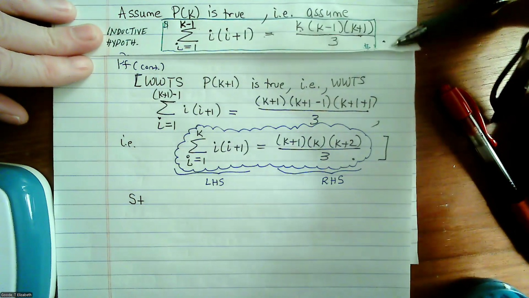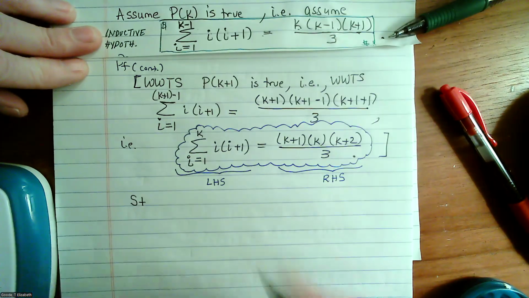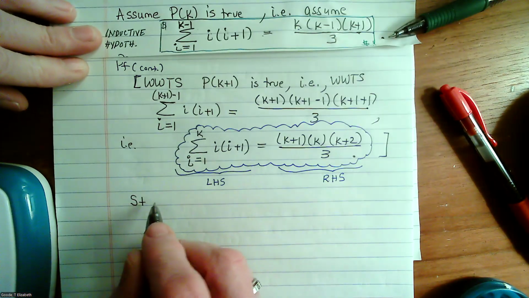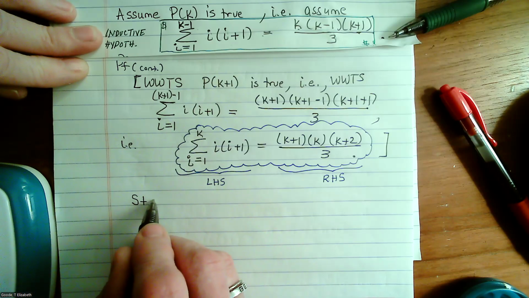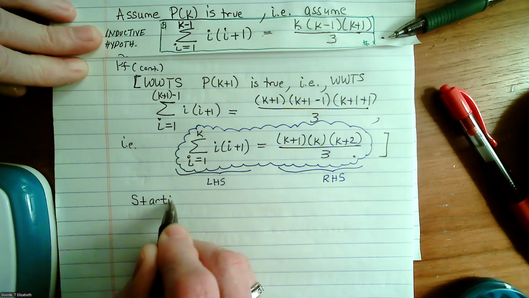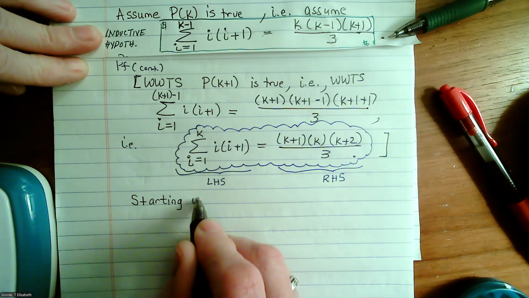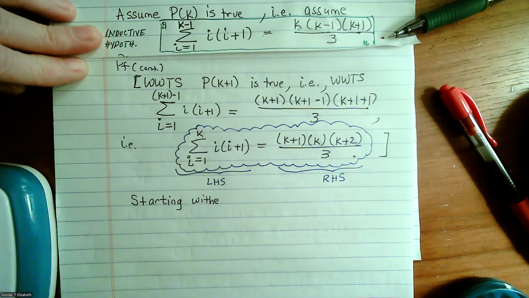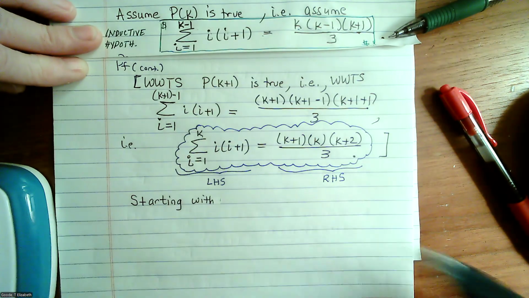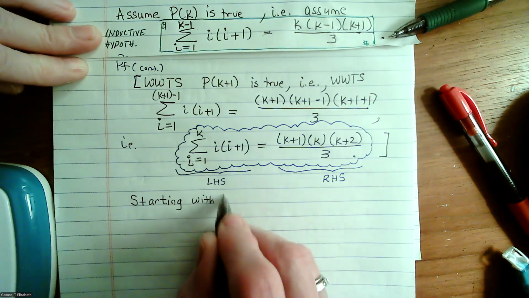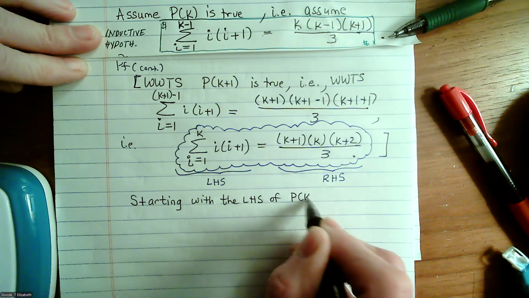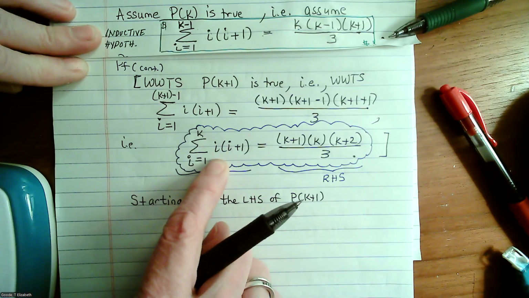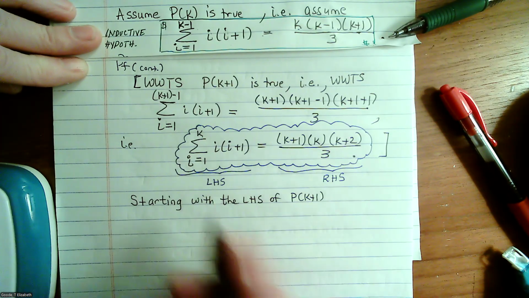So there's a trick, breaking off the k plus first term of a sum, or breaking off the kth term in this case. So this is a very confusing one that you've picked. Because of this interesting upper limit, starting with the left-hand side of P of k plus 1. Let's just start with this and see if we can turn it into that.